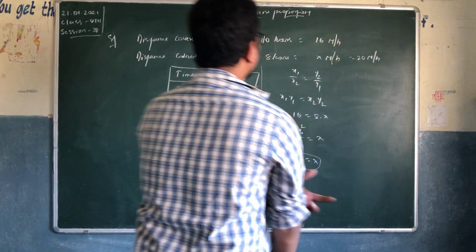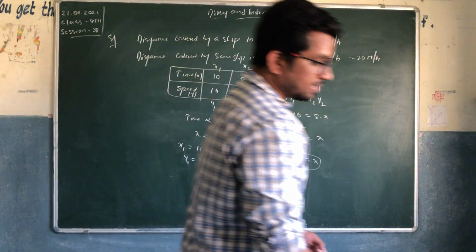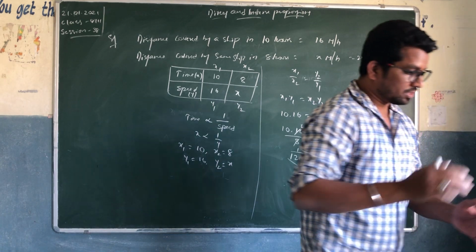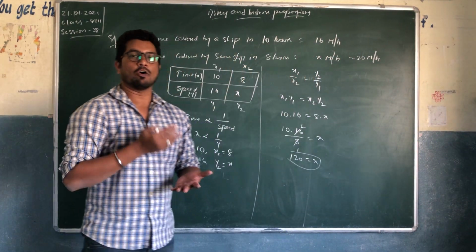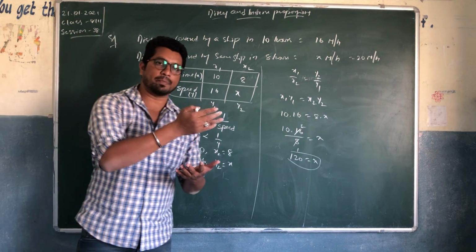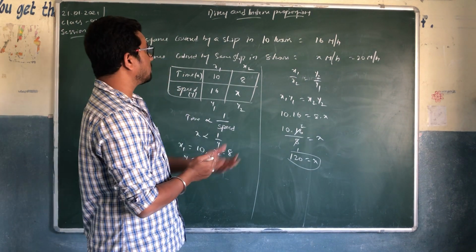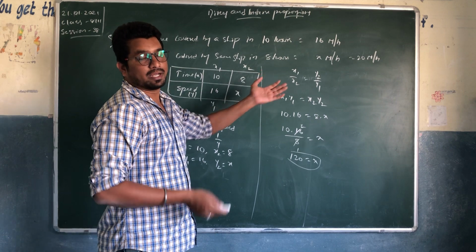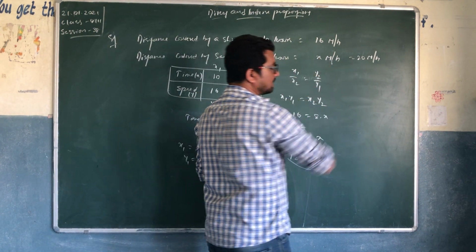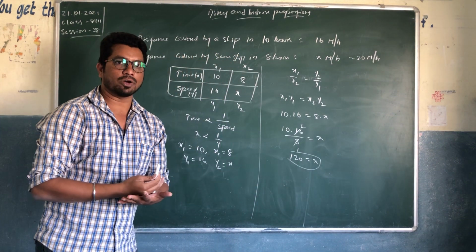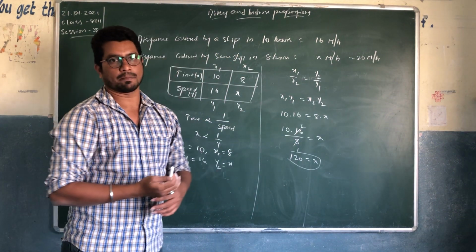But see, what he asked us is, how much should its speed be increased? How much should the ship's speed be increased to reach the destination in 8 hours, right? In 8 hours it is going at 20 miles per hour.